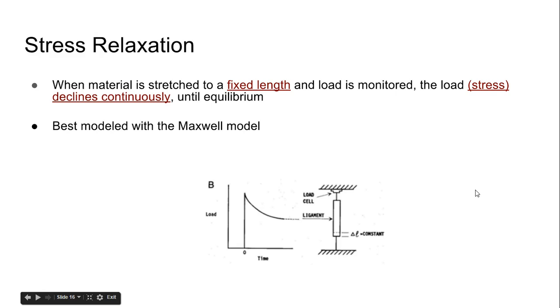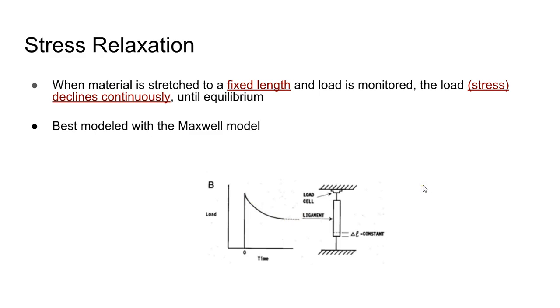You also have this concept of stress relaxation, and that's best modeled with the Maxwell model. Basically, you're trying to stretch a material to a fixed length, and when you monitor the load, you realize that the stress actually declines continuously until equilibrium. So you have this amount of load, and then the stress is going towards this equilibrium.